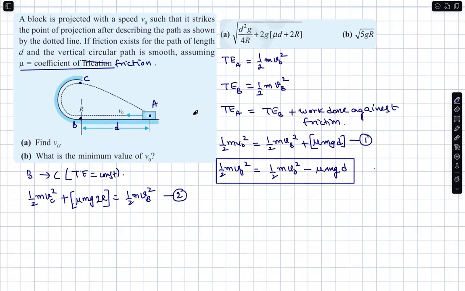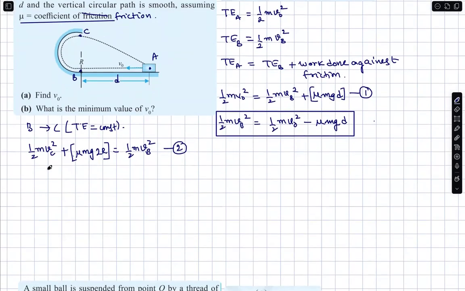A to B, we cannot conserve energy; we applied the work energy theorem, in fact another form of it. B to C, total energy is conserved. But what is it that you want? By the time you reach C, it is at height 2r, with range d.